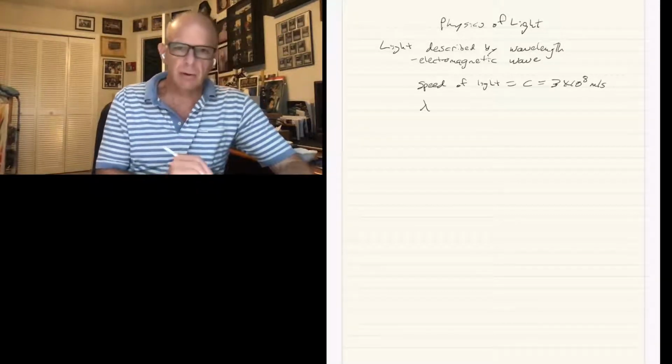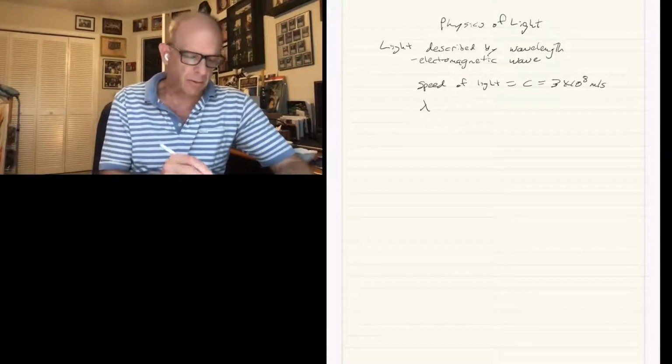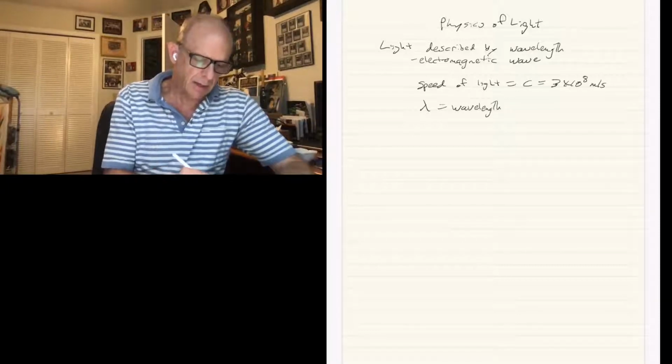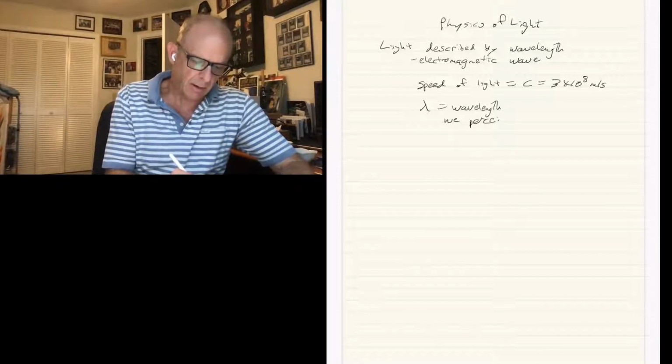We use the lowercase Greek lambda for the wavelength of light, and we perceive wavelength as color.